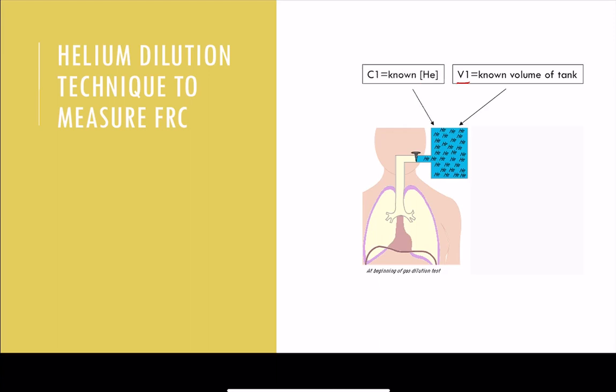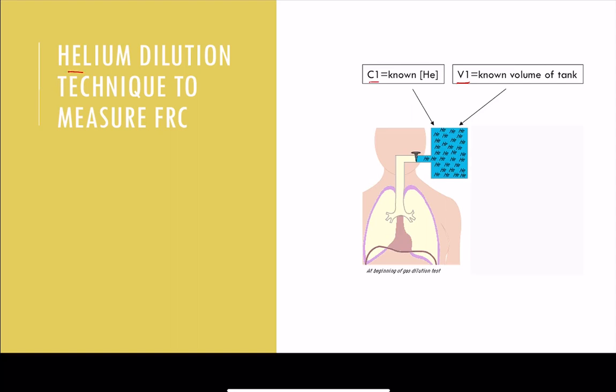We know the concentration of a specific gas, and in this technique we use helium. We know the concentration of helium within this tank. So at the start of the test, we know the volume of the tank and the concentration of helium.